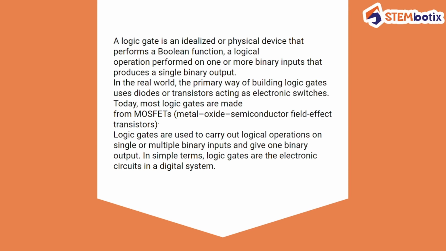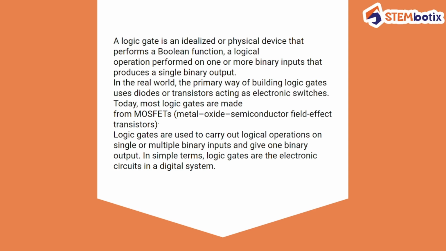In the real world, the primary way of building logic gates uses diodes or transistors acting as an electronic switch. Today, most logic gates are made from MOSFETs, meaning metal oxide semiconductor field effect transistors. These logic gates are used to carry out logical operations on single or multiple binary inputs.